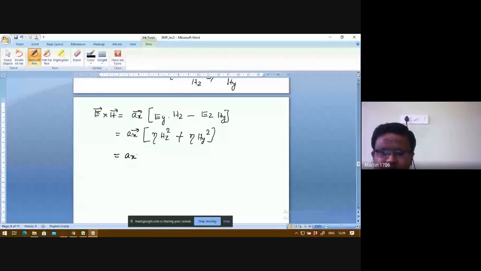Eta is a common factor. So Hz square plus Hy square, I will simply make it H square.